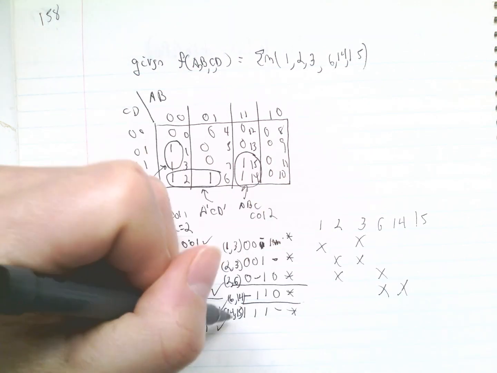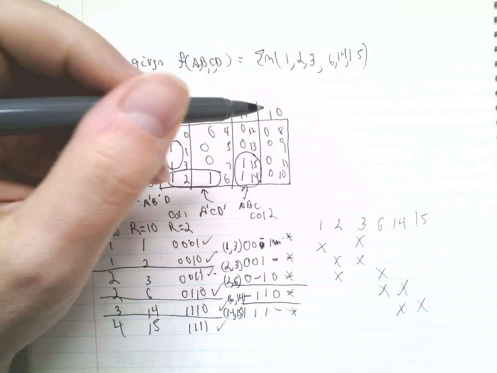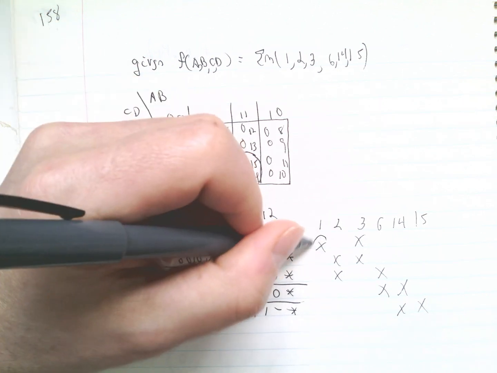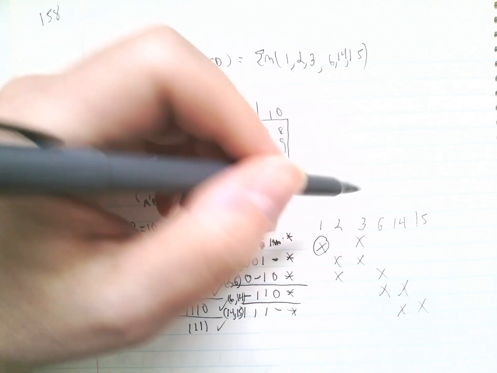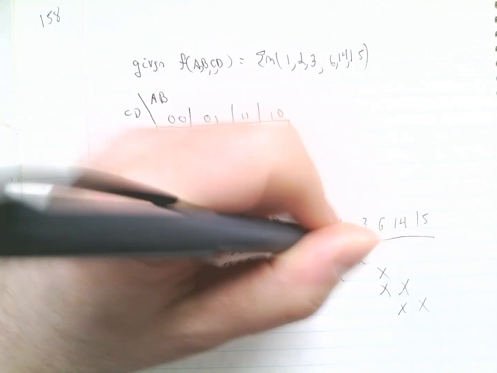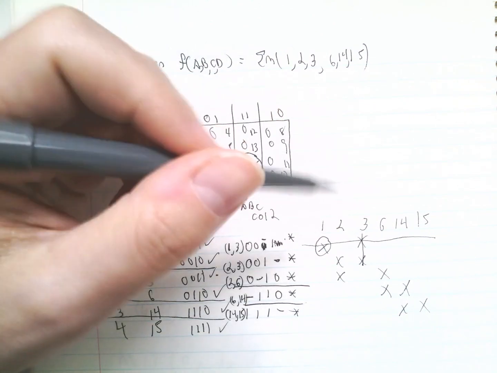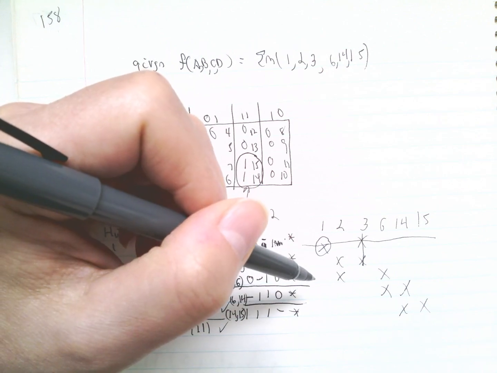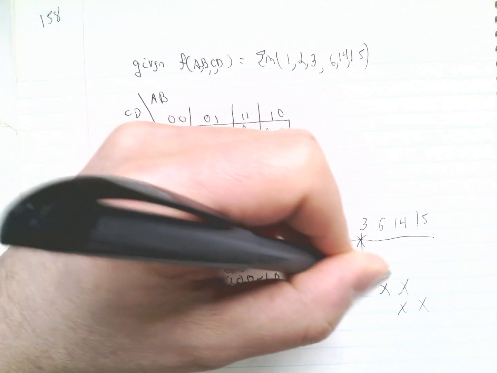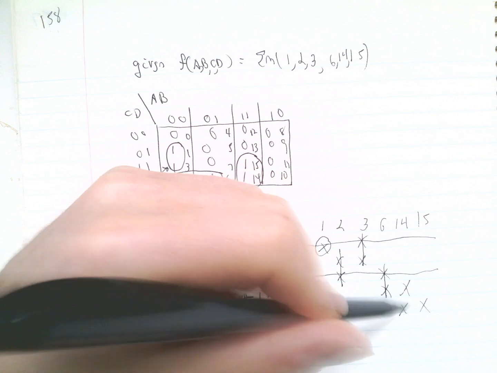And now what we do is we look for the essential prime implicants, and that's the ones with solo elements in the columns. And that means this one here, which means we have coverage along in here and coverage down here. And now we have to find a way to get coverage on this one here. That looks like a good one, because that gives us nice coverage. And then we do a coverage on this one here, and that gives us nice coverage. And there we have it.